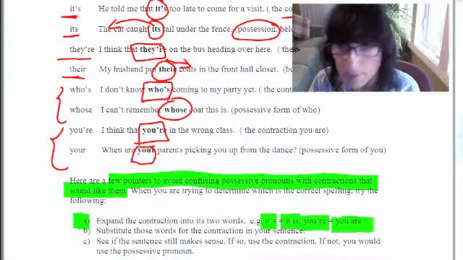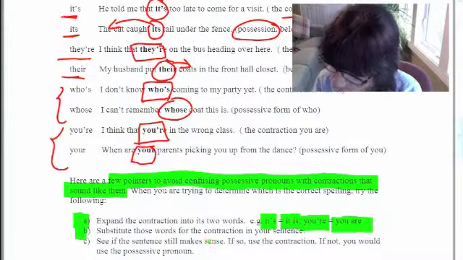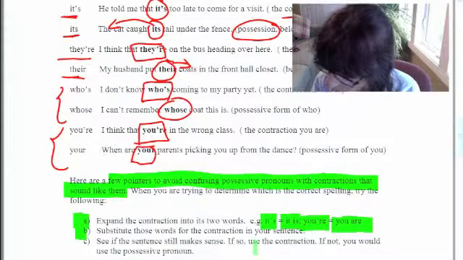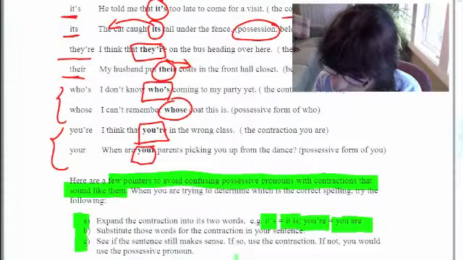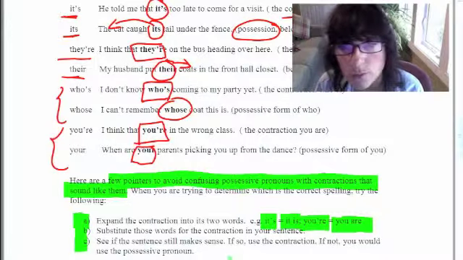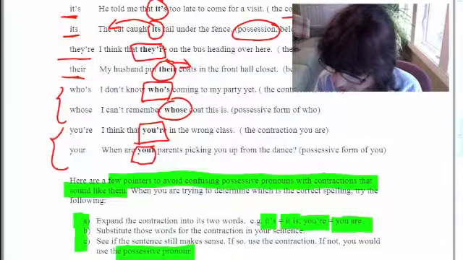If you see you apostrophe re, expand it to you are. The next thing to do is to substitute those words for contractions in your sentence. And then the third pointer is see if the sentence still makes sense. If so, use the contraction. If this contraction doesn't make sense, then you know that you use the possessive pronoun.